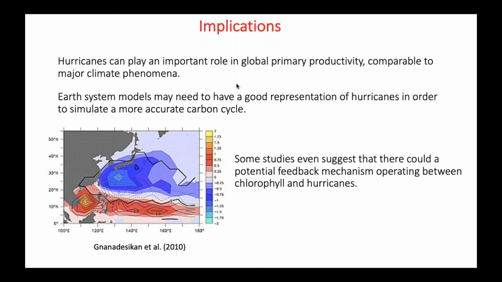What this means is Earth system models may need to have a good representation of hurricanes in order to better simulate global carbon cycles. So this is important to note. And the other thing is that some studies have even suggested that there could also be a feedback mechanism operating between chlorophyll and hurricanes.